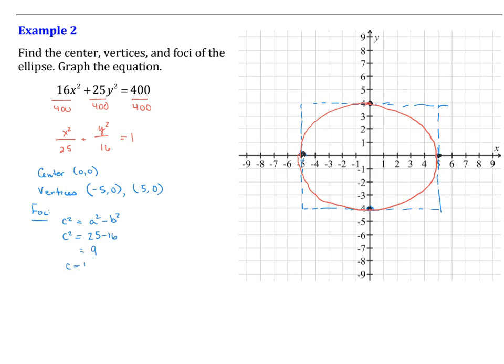So c equals plus or minus 3, but that just means that c is 3 because c is a distance. And so to the left and right, from our center, we're going to go 3 units. So our foci are going to be negative 3, 0 and 3, 0.